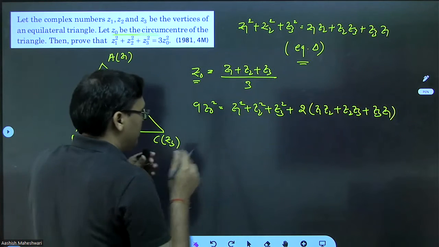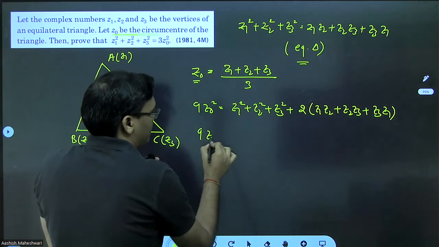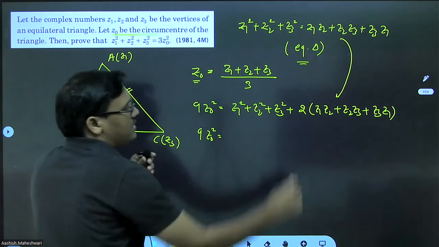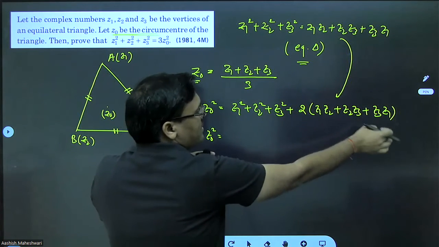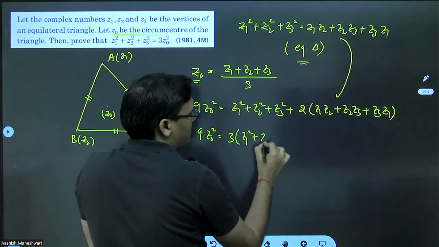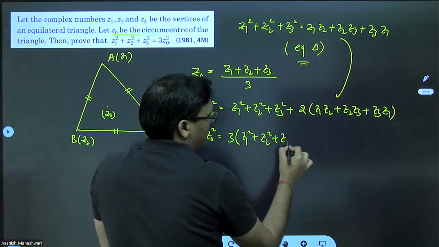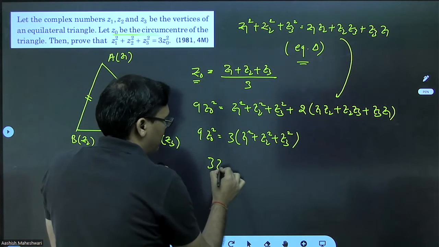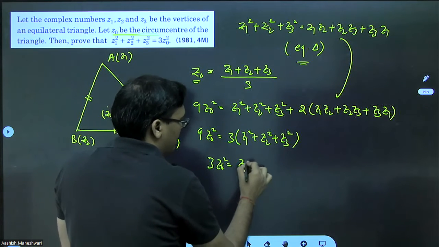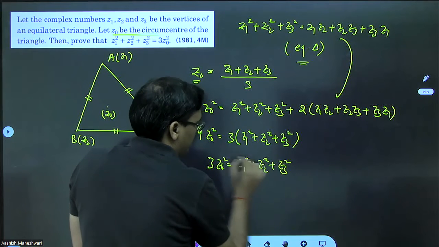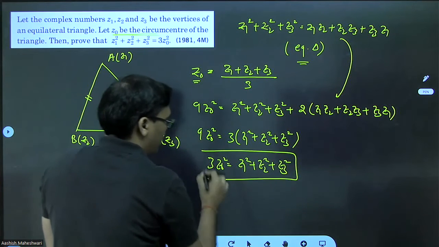I can substitute here. This will become 9 Z naught square equal to 3 times Z1 square plus Z2 square plus Z3 square. So you can see 3 Z naught square is equal to Z1 square plus Z2 square plus Z3 square. This is what we had to prove.